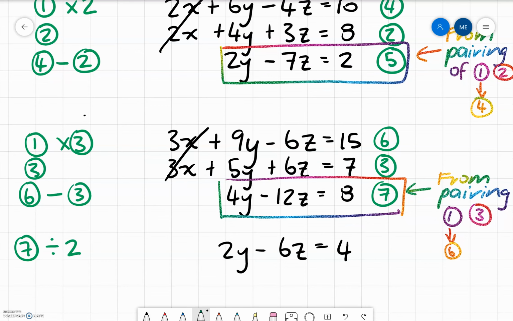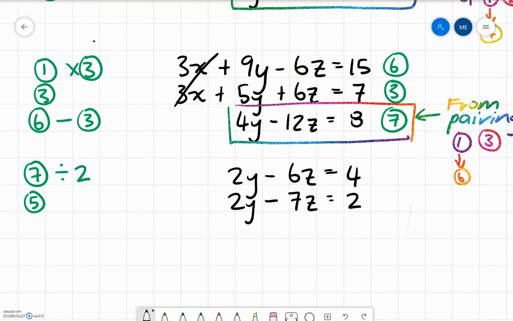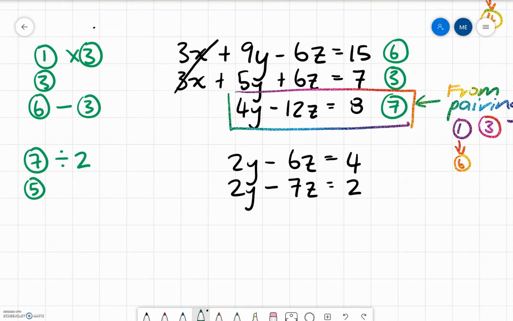And then I will take equation 5 and just copy that down below. So I get 2y minus 7z equals 2. And what I'm going to do is take equation 7 and subtract equation 5. And this will cancel out the y variables.